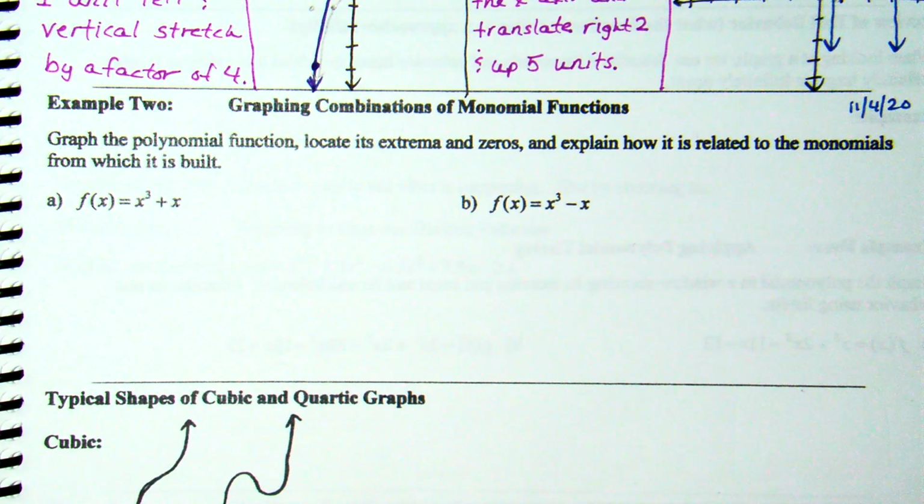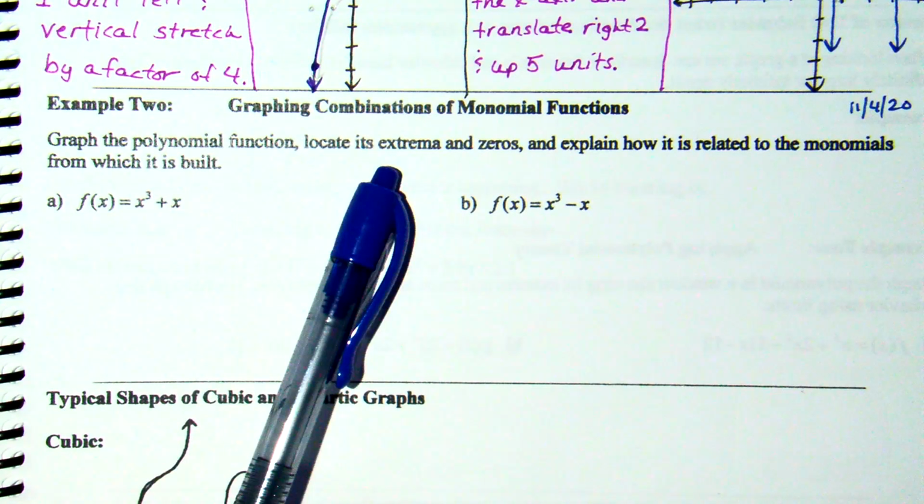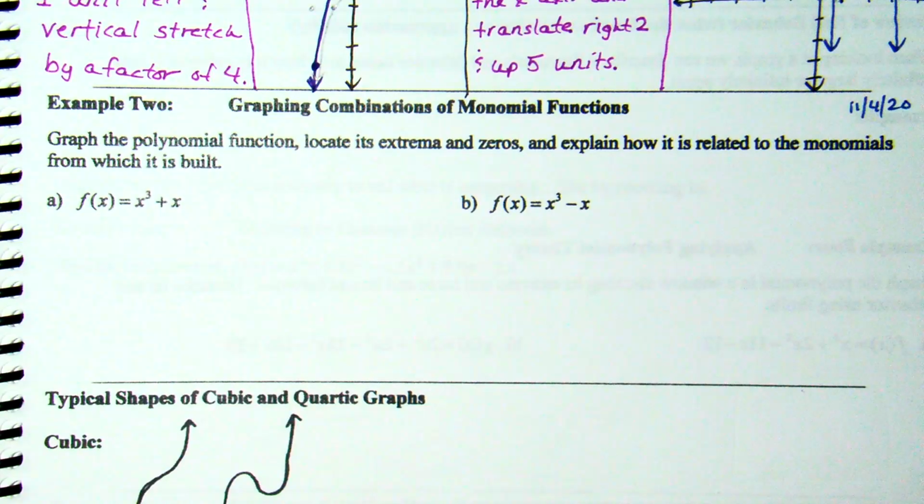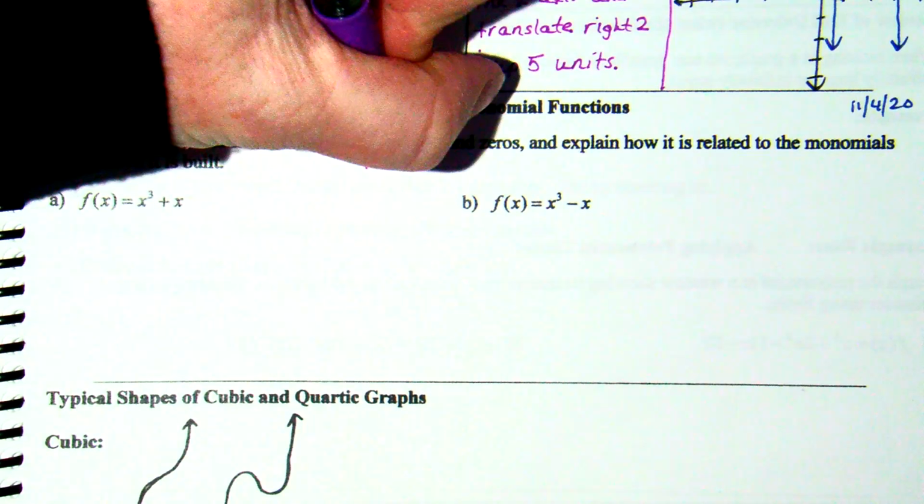Now, when we talk about locating its extrema and zeros, do you guys remember from a while ago what the word extrema is? That's a chapter 1 word, extrema. Yep, mins and maxes. So when you're asked to find extrema, you're asked to locate mins and maxes.